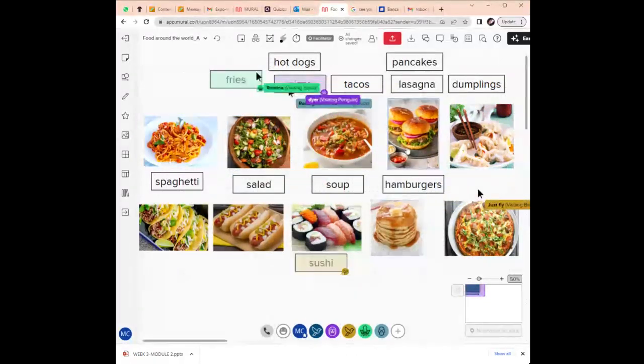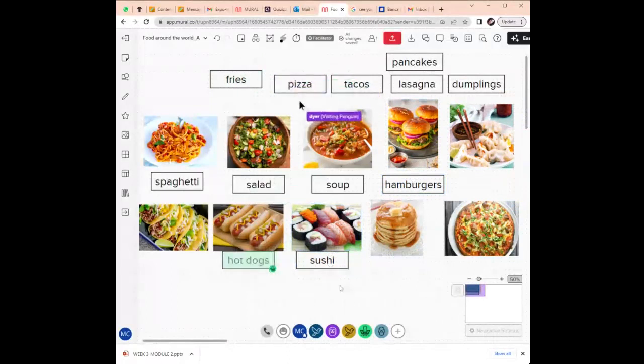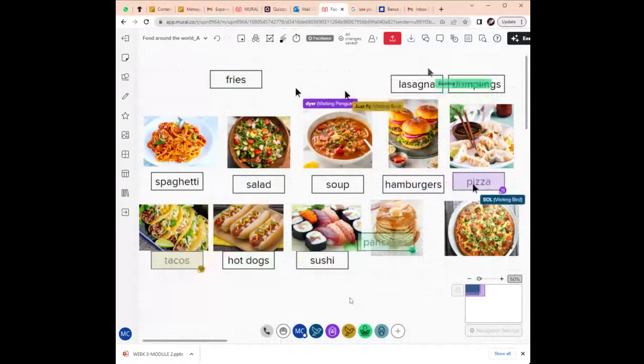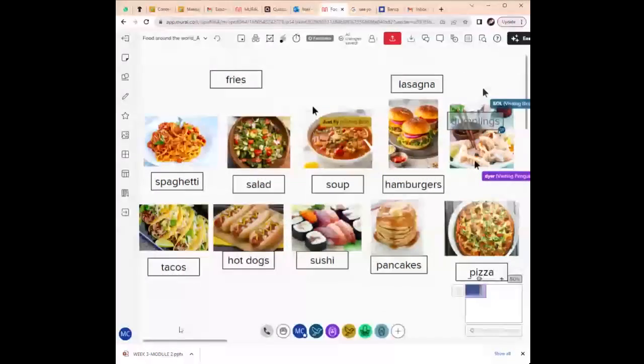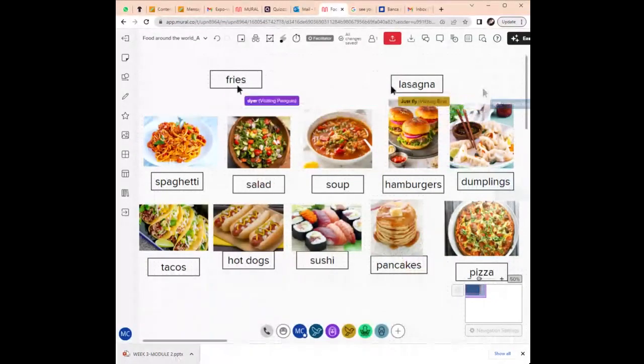And then we have the hamburgers. Right? Sushi. Good. More. So it's here. There are 2 distractors, just in case. Ready? There are 2 distractors. Very good.